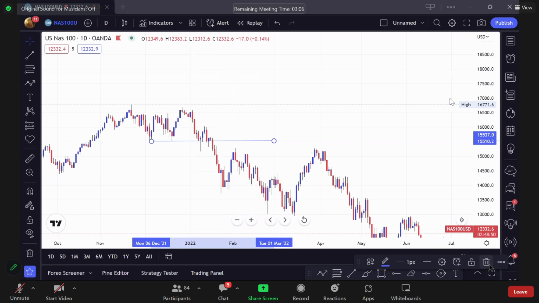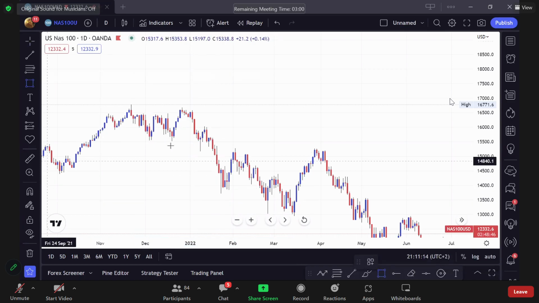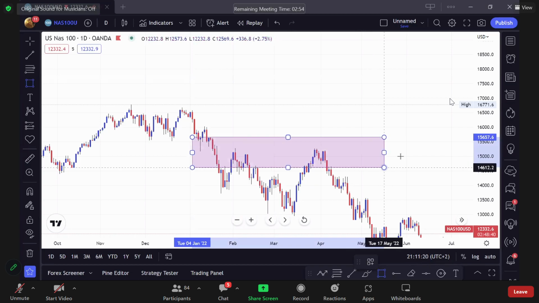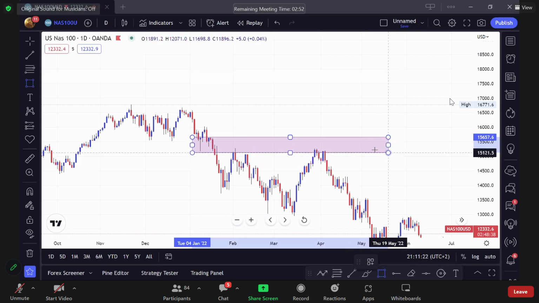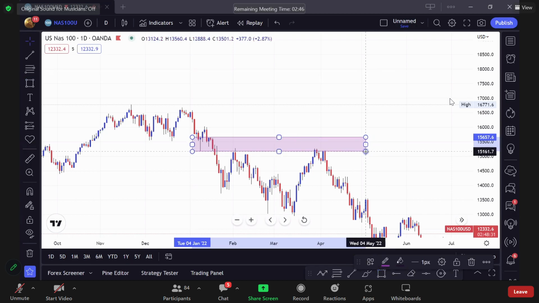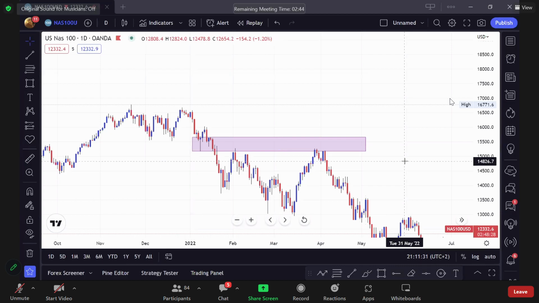And then we created the breaker. Yeah. Wouldn't you say your break of structure is on that blue candle, the one that is exhausted?